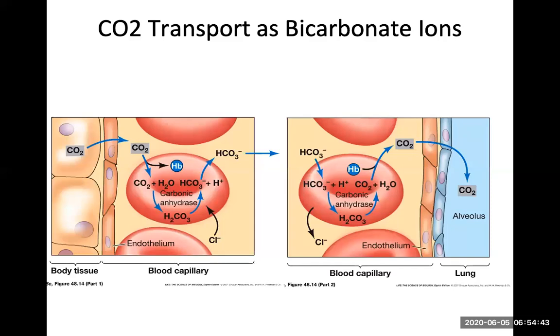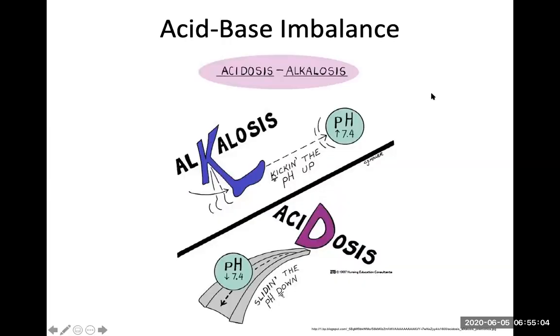And as we look at a couple percentages here, you can see that about 5% of all CO2 is just transported within the tissues, 20% is bound to hemoglobin itself, and 70% is actually changed into this bicarbonate ion, as you can see.